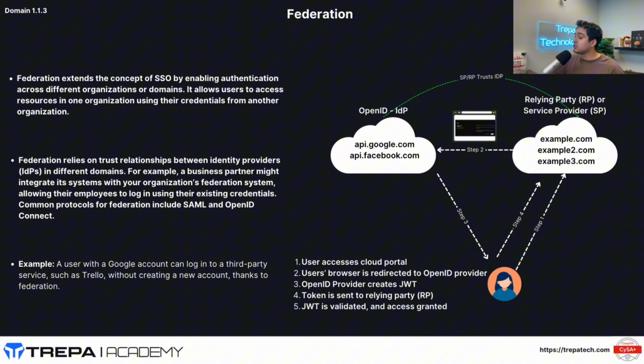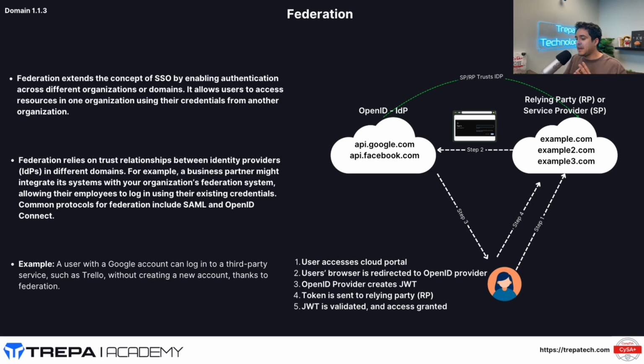Anyways, now let's get into another term that's also what I'm describing, called federation. Federation extends the concept of SSO by enabling authentication across different organizations or domains. Federation comes in many different ways. We can configure federation using different protocols like OAuth, SAML, OpenID, and Active Directory Federation Services.